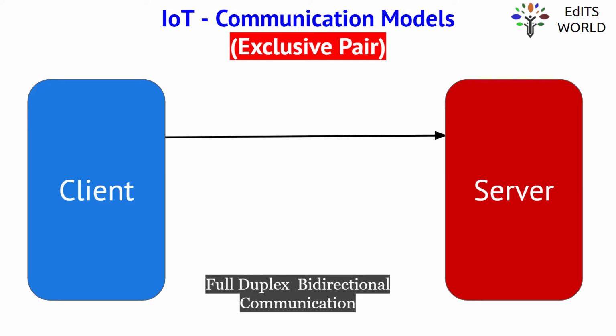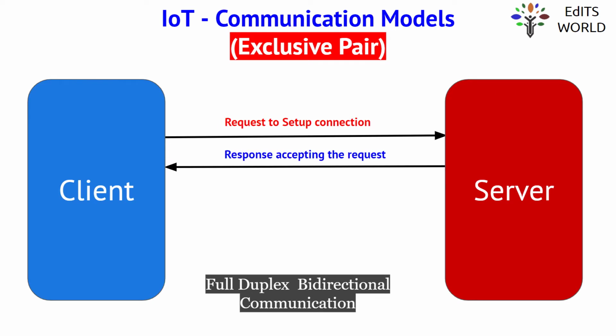A dedicated path is established between the client and the server as long as the data is being transferred. As soon as the data transmission is completed, the client sends a request to close the connection. The server responds to that request. Once the server responds, the communication between the two breaks.